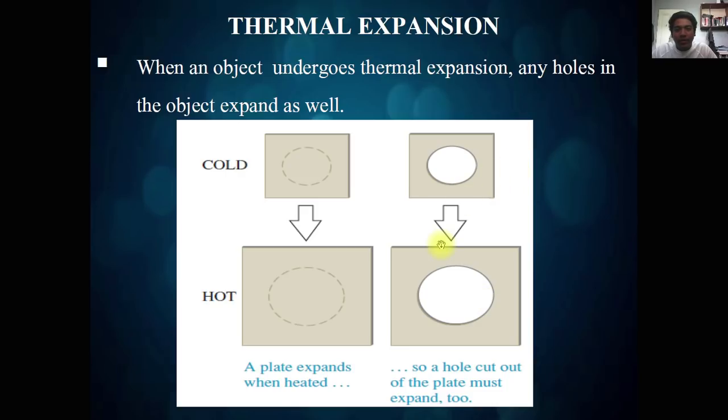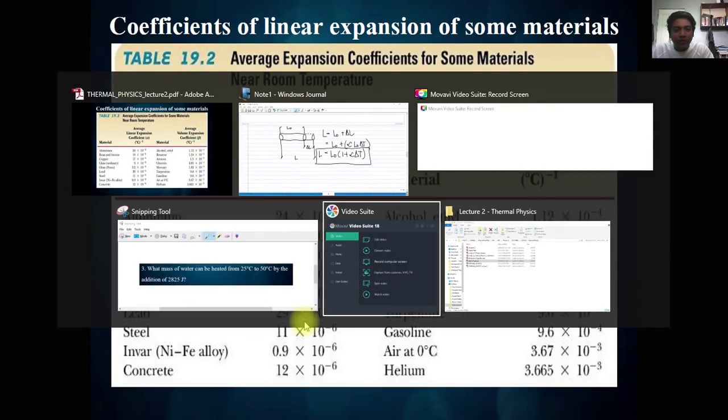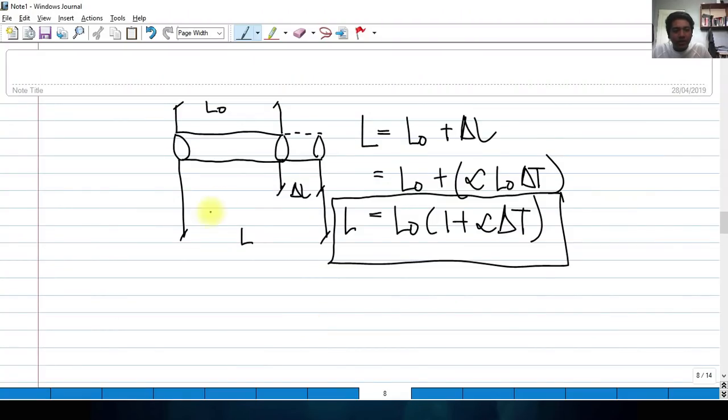So here are some coefficients of linear expansion of some materials. We have here aluminum, brass, and bronze, but the most common here is steel. By the way, the unit of the coefficient of linear expansion, alpha, is in terms of a constant over degrees Celsius.